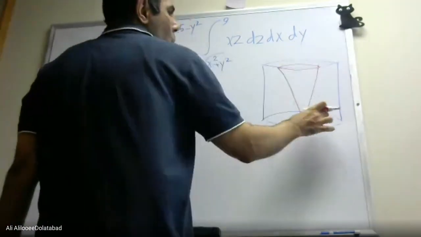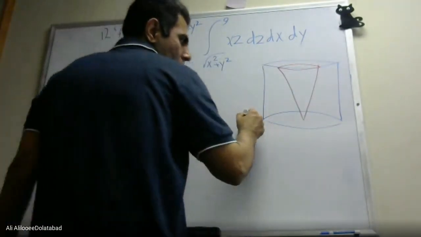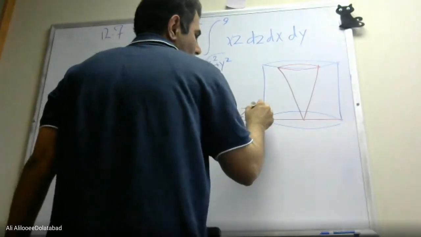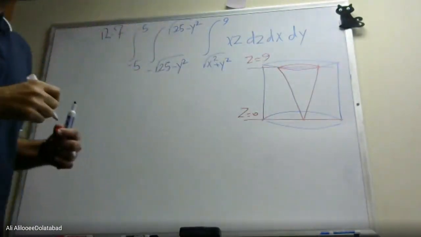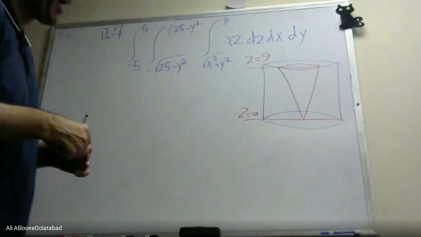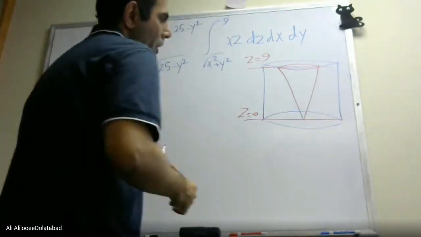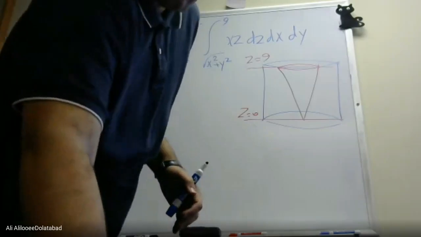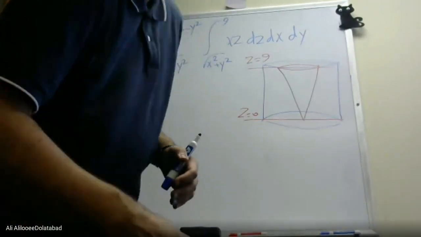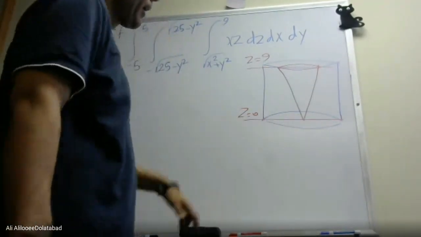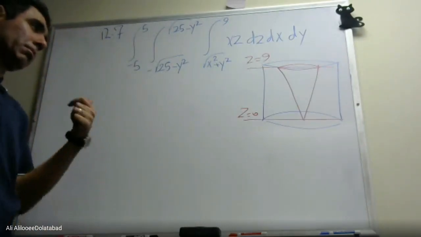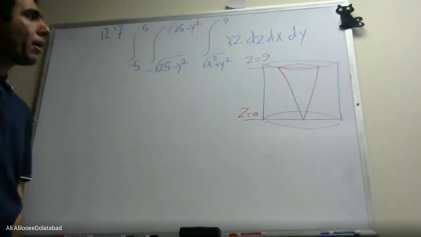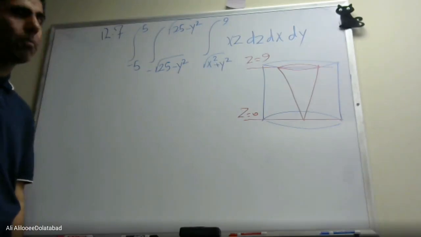If you cut this cone out of the cylinder, you get the solid that we want to integrate over. Here z equals 0, z equals 9, and here we have a cone. The radius of the base of the cylinder is 5, and the radius of the base of the cone is 3.